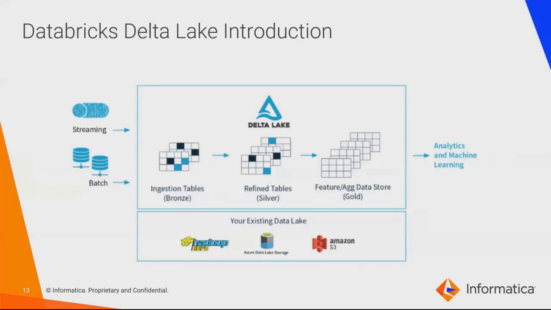Then you get your silver tables, silver refined tables, which is sanitized, cleansed data. After which you will move to the gold stage, which is the data that is accessed via the Delta Lake itself, and which then can be pushed to your data warehouse depending on the business requirements.